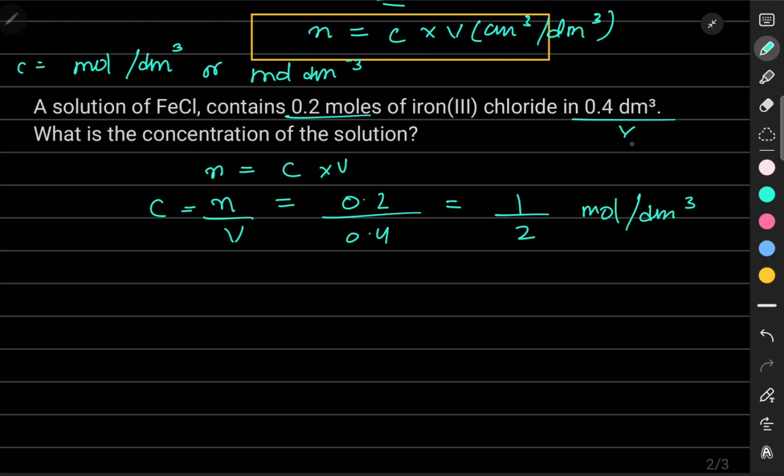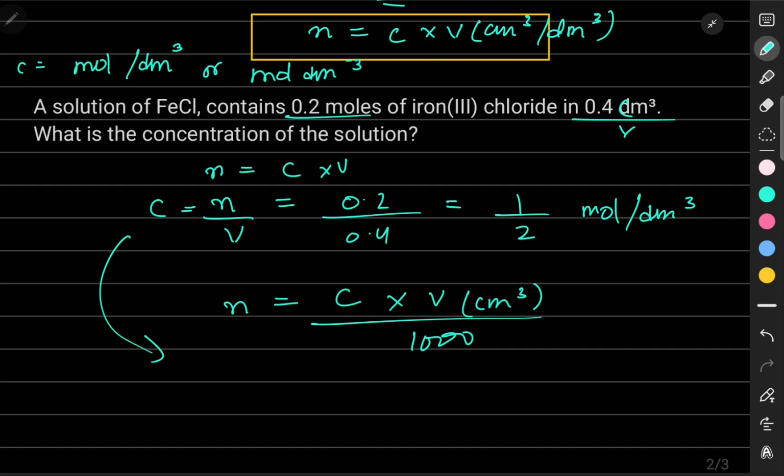But let's say this was in cm cube, then how would you solve the question? Your equation, if this was in centimeter cubes, would become this, and what you have to do is divide the volume by 1,000.